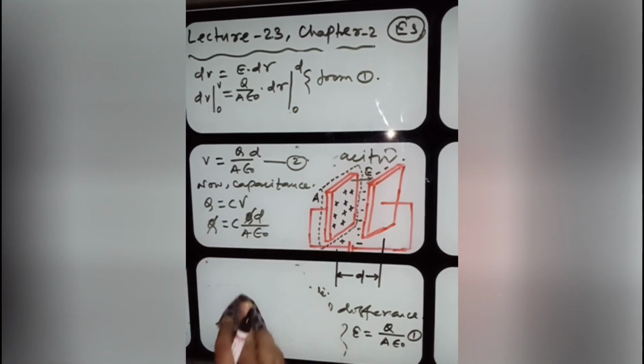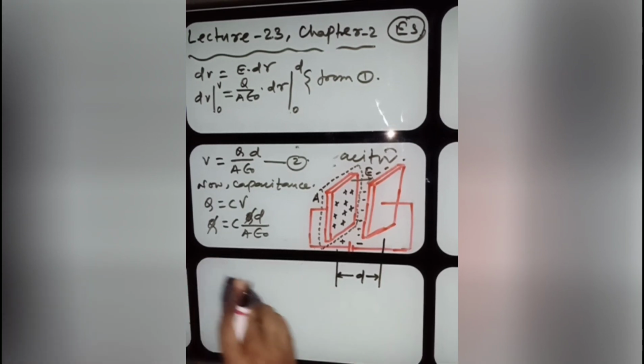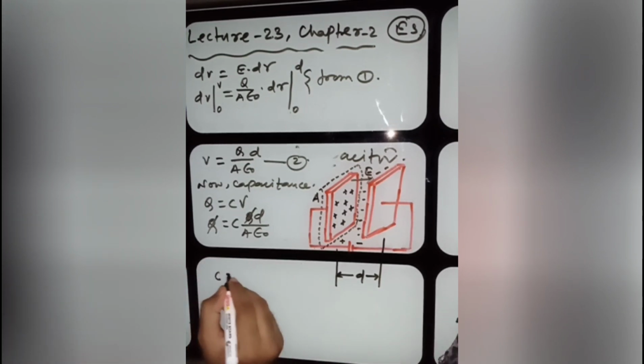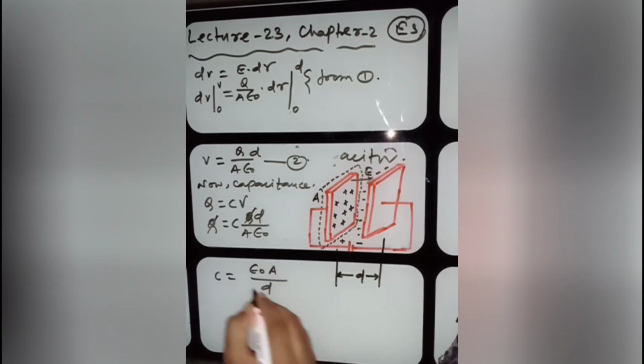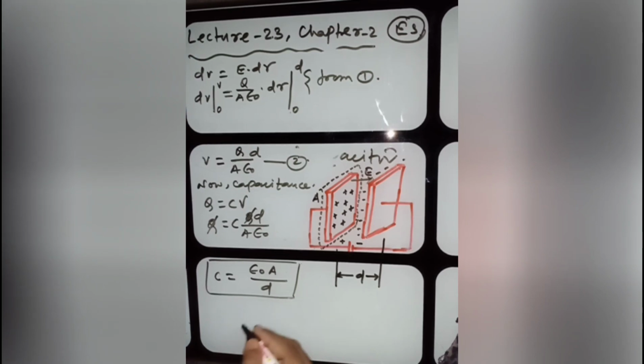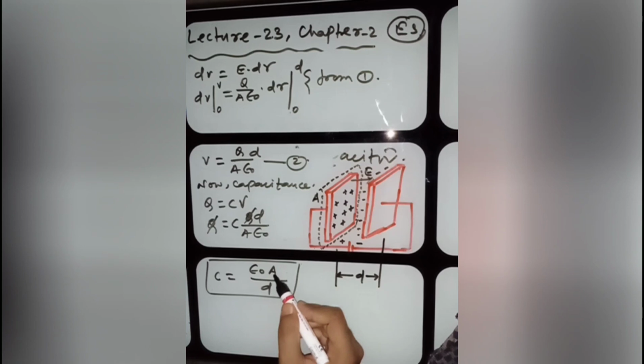Then we can write C is equal to epsilon naught A by D. This is the capacitance of a parallel plate capacitor. Epsilon naught, we have already studied, is the absolute permittivity of the medium. A is the common plate area. D is the separation between the two plates.